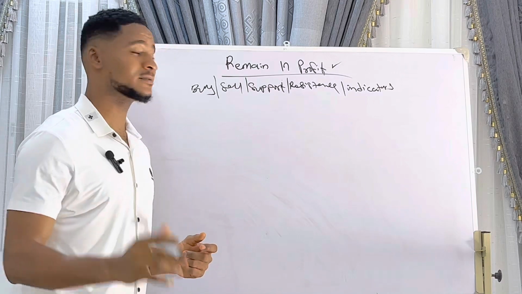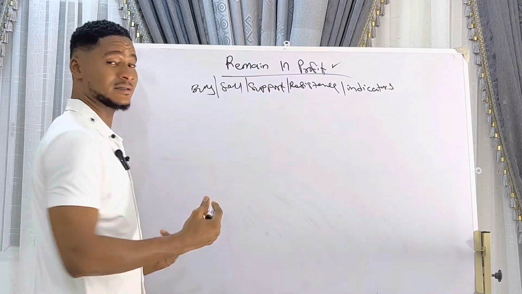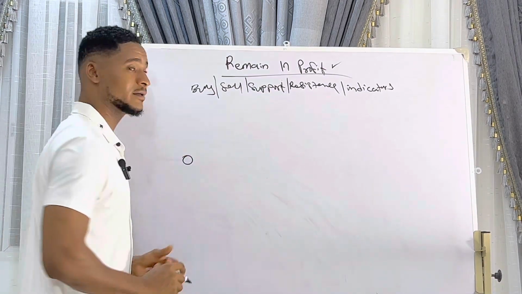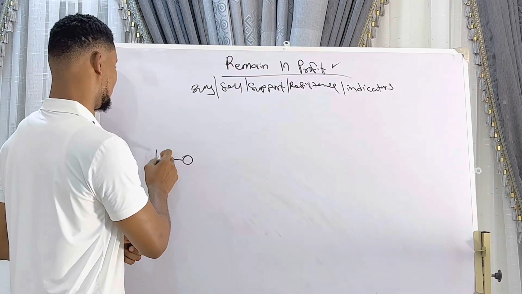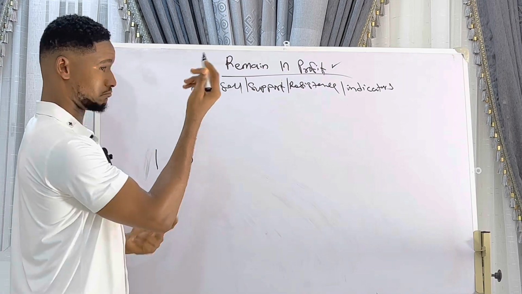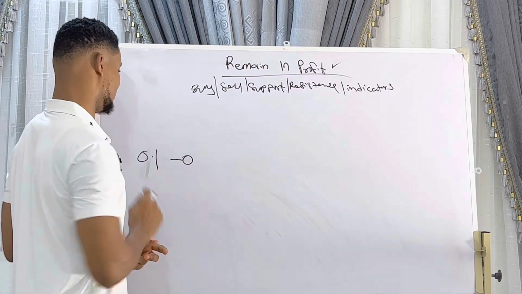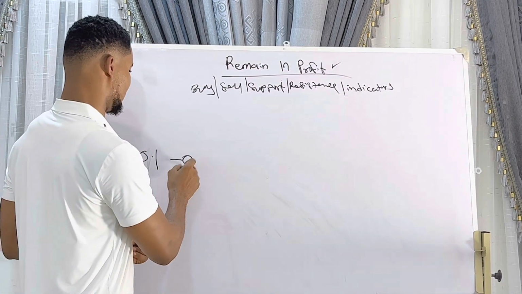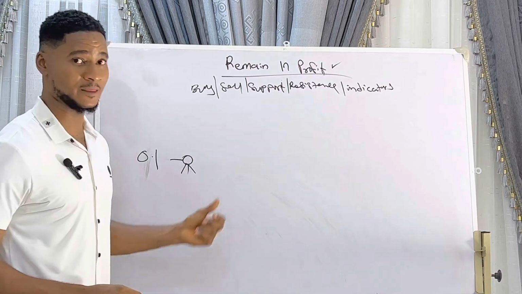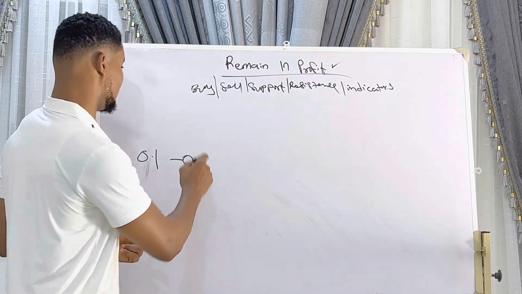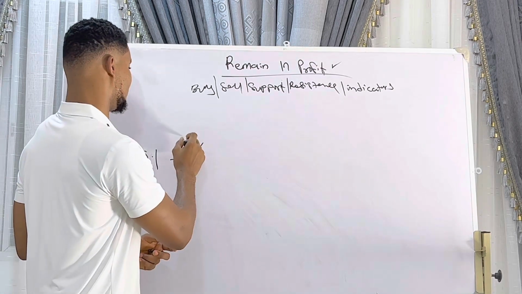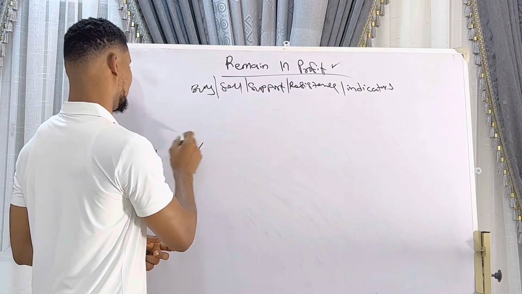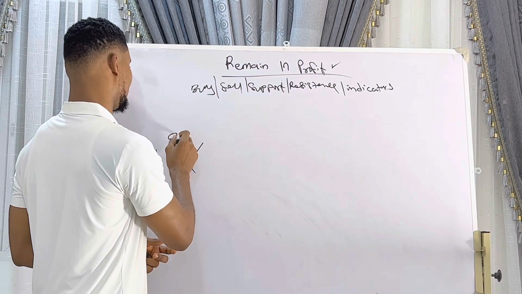Now, to remain in profits, let's say you buy a particular cryptocurrency here, at let's say $0.1. This is the asset. You bought this coin, and the price goes up to 0.2.